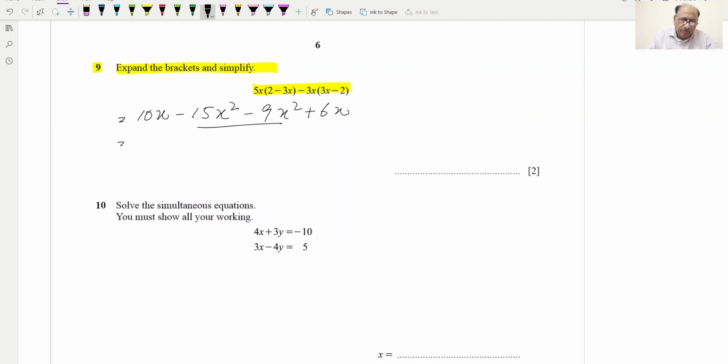We will be adding these two, so minus 15 and minus 9 will be minus 24x squared, and 10x plus 6x will be plus 16x. So we can write minus 24x squared plus 16x as our answer.